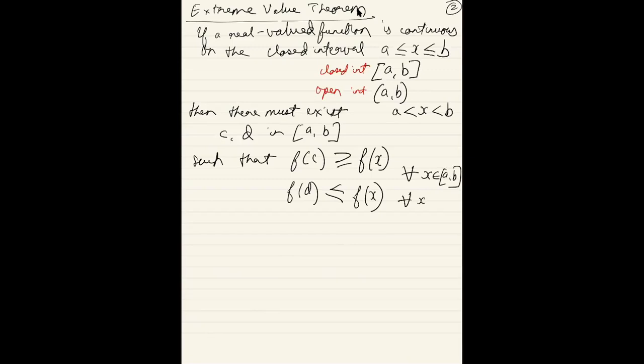So c here is a maximum. It's bigger than every point in that interval, while d is a minimum. It's smaller than every point in that interval.